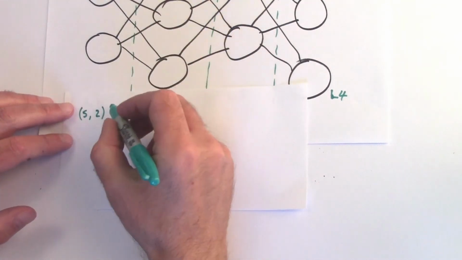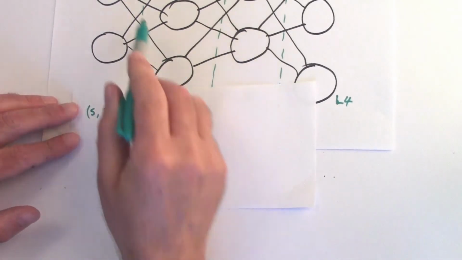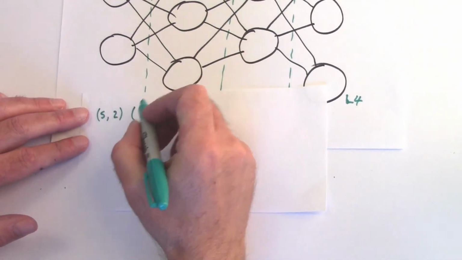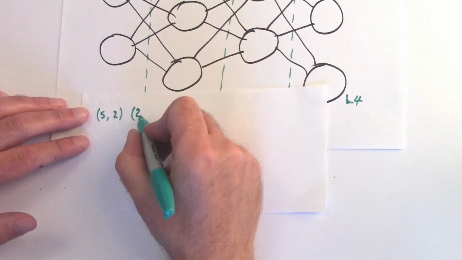Then we have to manage the weights here, and we will have a matrix of size, the number of neurons in the first layer as rows, so 2, and the number of neurons in the second layer, so 3.